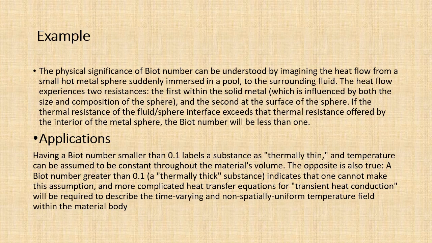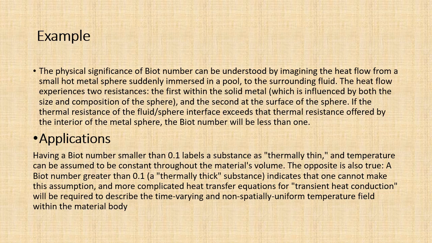The physical importance of Biot number can be understood by imagining an example where heat flows from a small hot metal sphere suddenly immersed in a pool to the surrounding fluid. Now the heat flow experiences two different resistances.